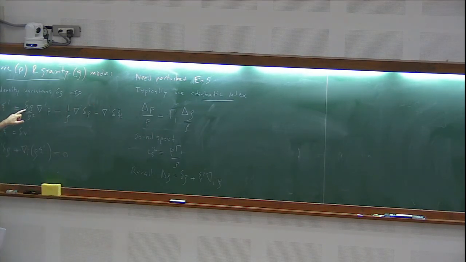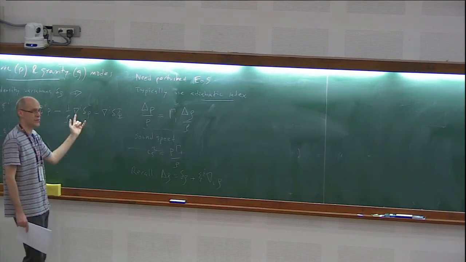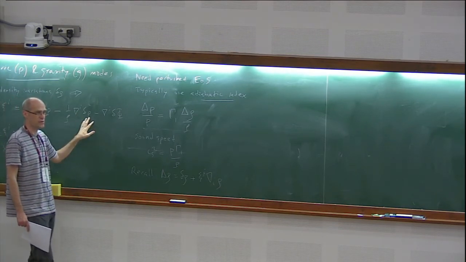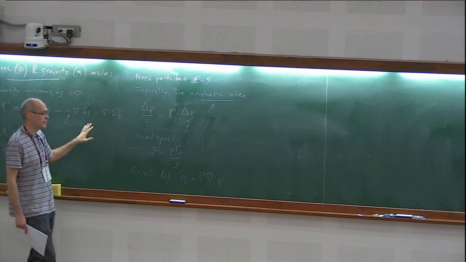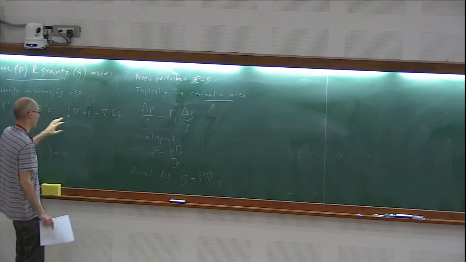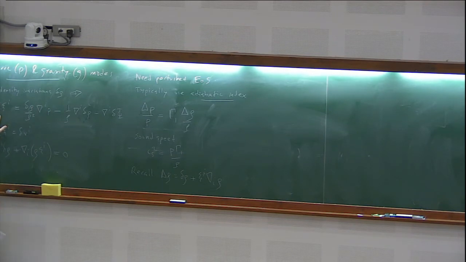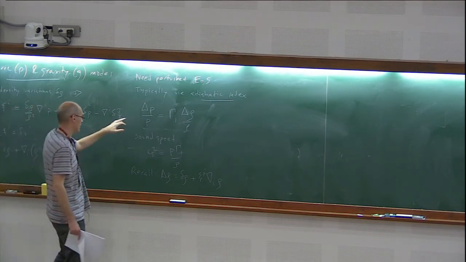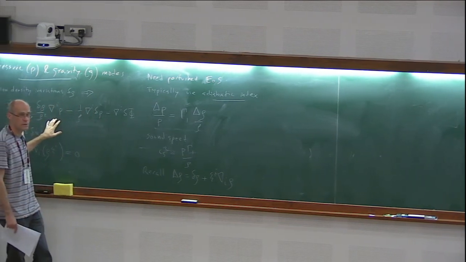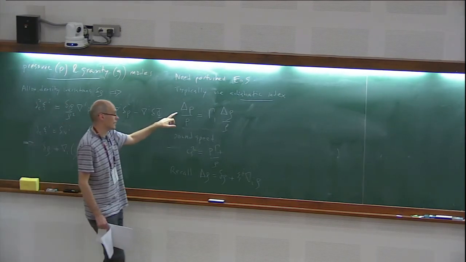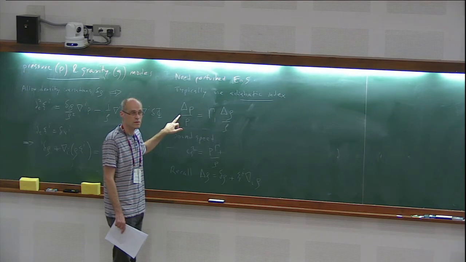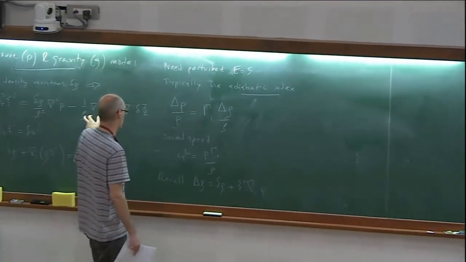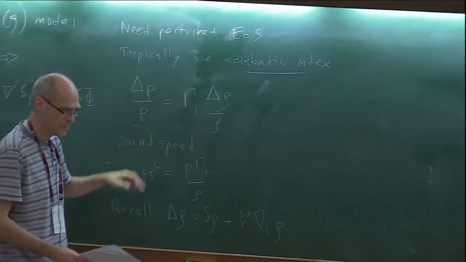But I put in Eulerian variations here, because that way I was allowed to commute these two, the derivative and the perturbation. So I have to make a choice. I have to either stick to Eulerian, which allows me to use this equation, or I need to translate this to Lagrangian. So that's what I'm going to do today. Tomorrow we're going to look at the other option. Okay?